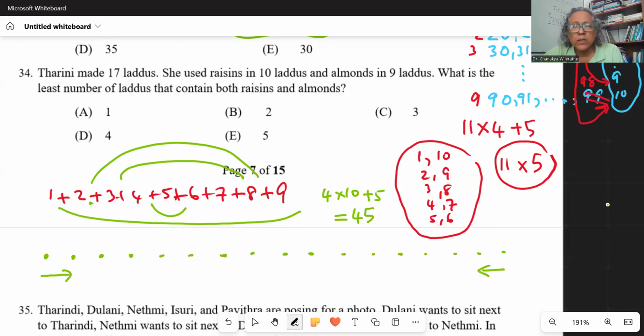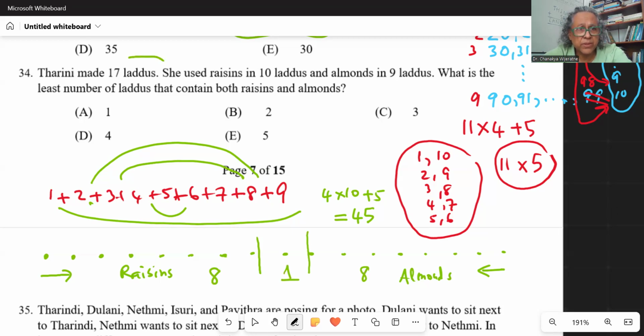So 2, 4, 6, 8. So we put raisins here, because we want to find the minimum, the least. And then from this side, almonds, and then we come to 8. So 8 laddus have raisins only, and 8 laddus have almonds only, and there's one left, so it is now 17.